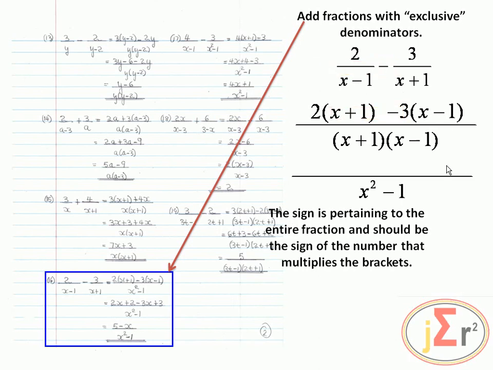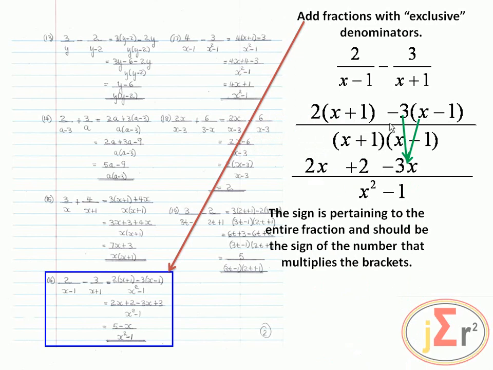What do we do now? Nothing except expanding the two sets of brackets. 2 to be distributed inside, so we have 2 times x, 2x, and do not forget the 2 with the 1 that will give 2. What about this one? The negative 3 with x will give a negative 3x.